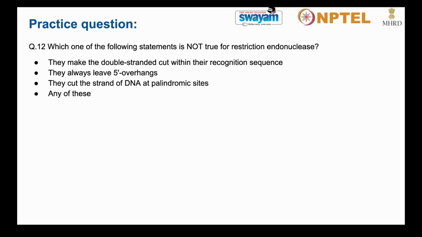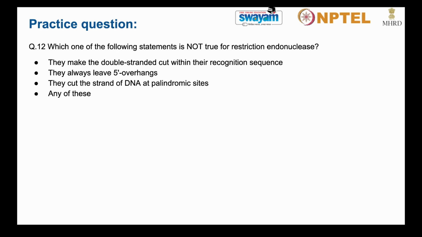Now you are left with option B and option D. Option D says any of these, and option B says they always leave 5' overhangs. As I have earlier discussed regarding the recognition sequences as well as restriction digestion, they can generate blunt ends as well as sticky ends, and sticky ends can be categorized into 2 types.